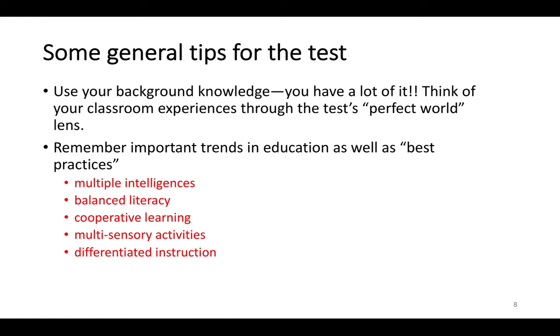Another piece or trend in education that you're going to see on this test is this notion of balanced literacy. So when it comes to literacy instruction, the most important aspect of that instruction is that we teach all of the skills through a meaningful context.